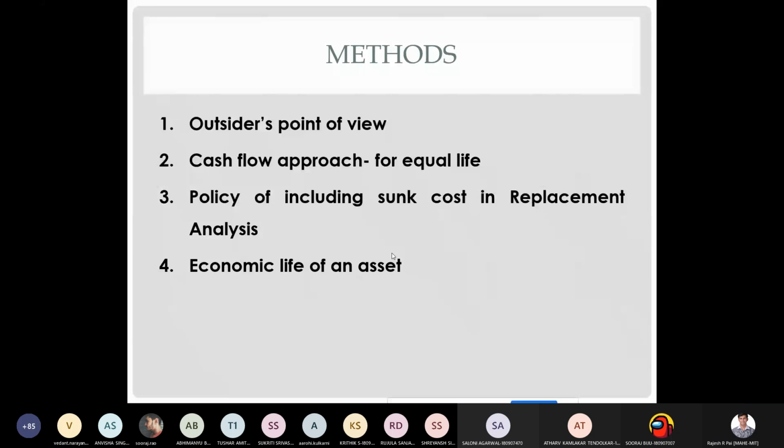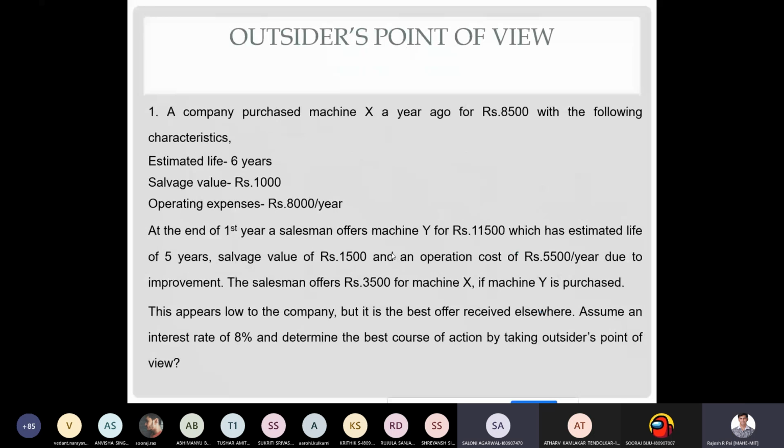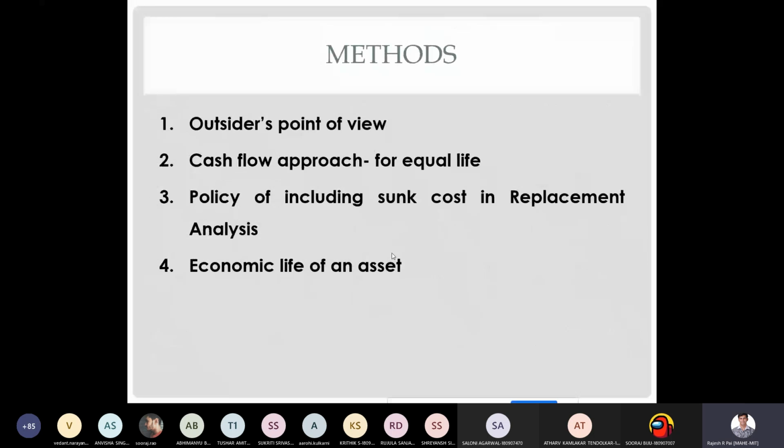So these two components we need to calculate for calculating the economic life of an asset. These are the methods which we have to study. Except the third one, the rest all three are there for your syllabus.